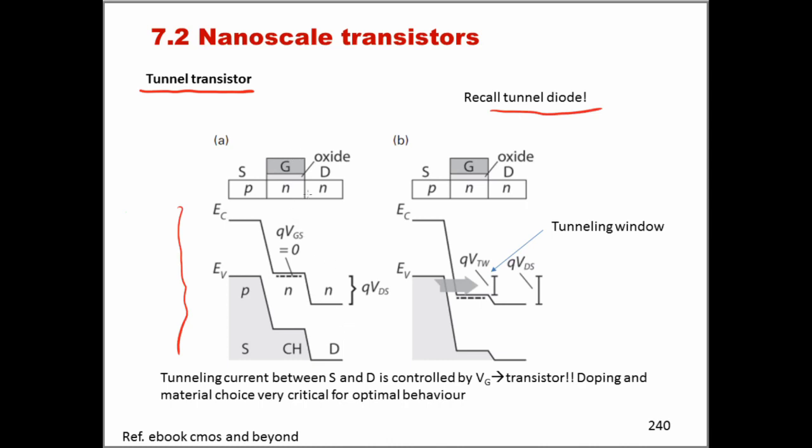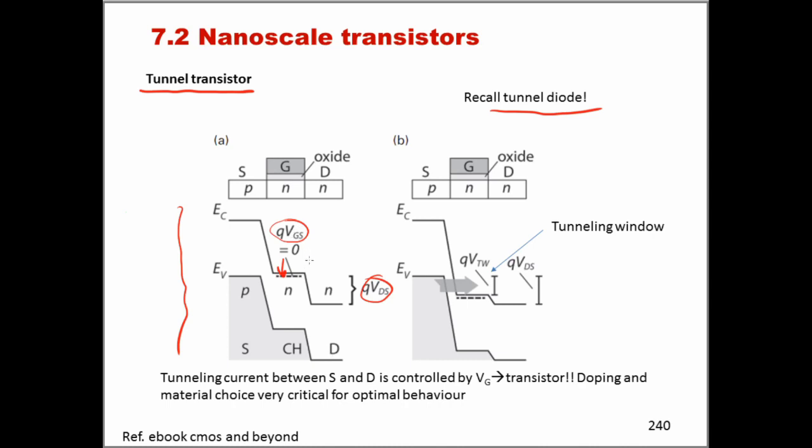These energy diagrams are there to show you the principle. VG is used to act on the energy diagram of the channel and move it up or down, and VD instead moves up or down the energy diagram corresponding to the semiconductor in the drain.